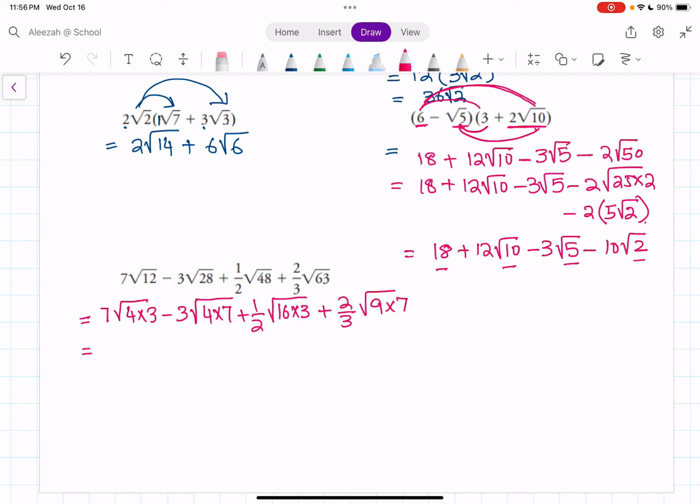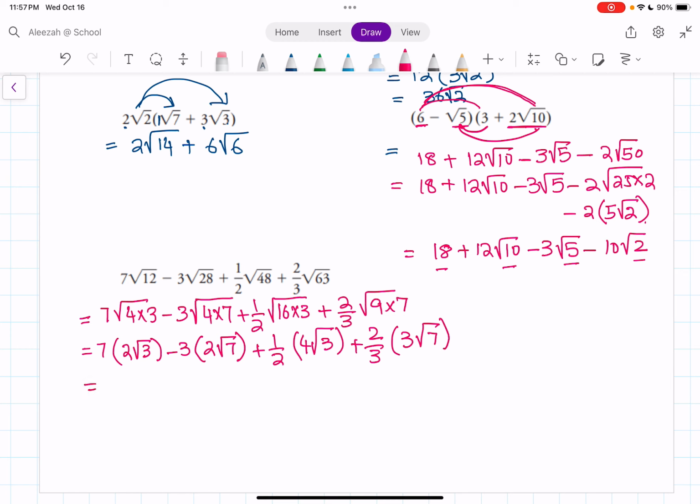Okay, and now I will write 7 square root of 4 is 2, 2 square root of 3, minus 3. Again square root of 4 is 2, and I'm left with square root of 7, plus 1 over 2. Square root of 16 is 4, and I'm left with square root of 3, plus 2 over 3. Square root of 9 is 3, and I'm left with square root of 7.